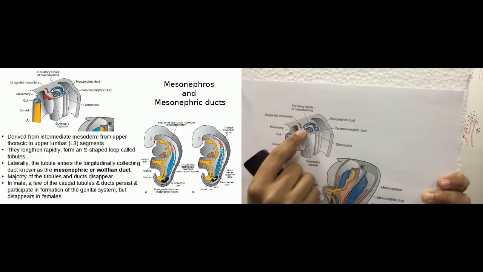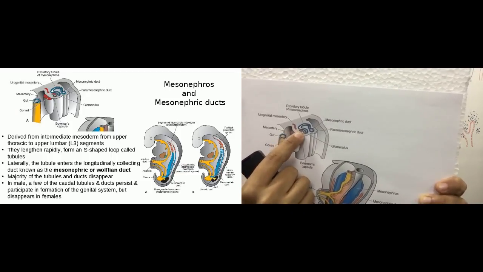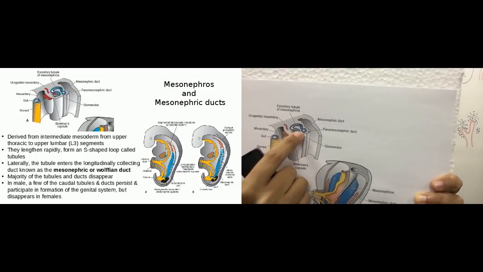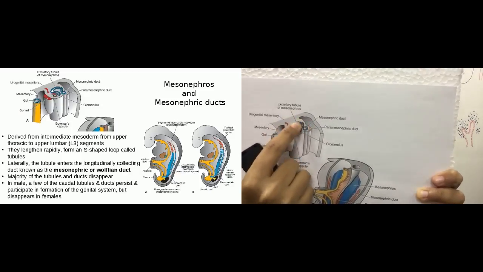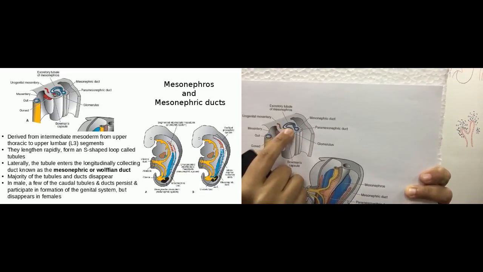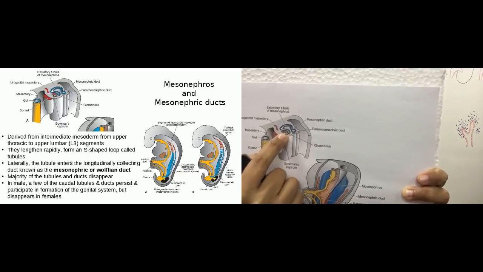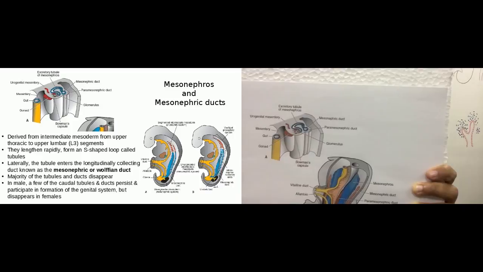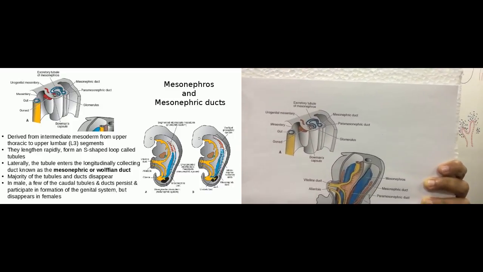Those capillaries will form the glomerulus, and the tubule surrounding that glomerulus will be called Bowman's capsule, and this will act like a tubule. Laterally you will see the tubule, and medially the glomerulus with the Bowman's capsule. Glomerulus is nothing but the capillaries, and the surrounding area is the Bowman's capsule.